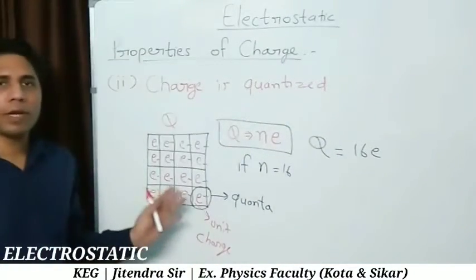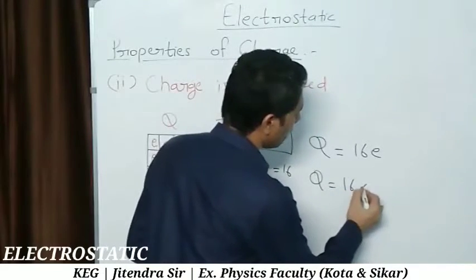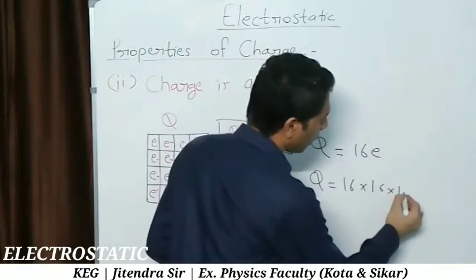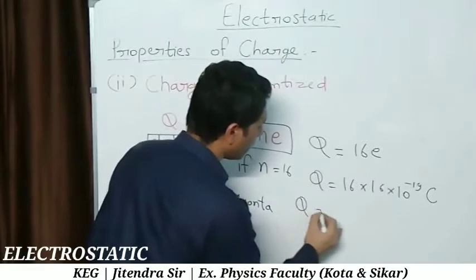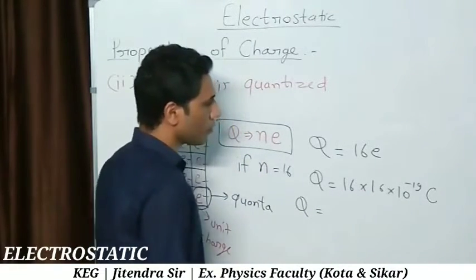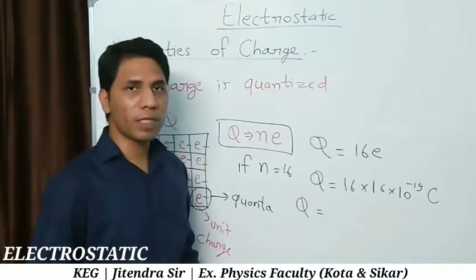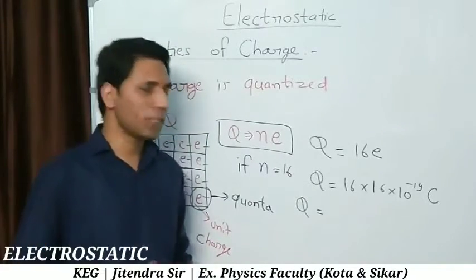And what is the total value of Q? Q equals 16 into the value of E, which is 1.6 into 10 to the power minus 19 coulomb. 16 into 16 is 256.